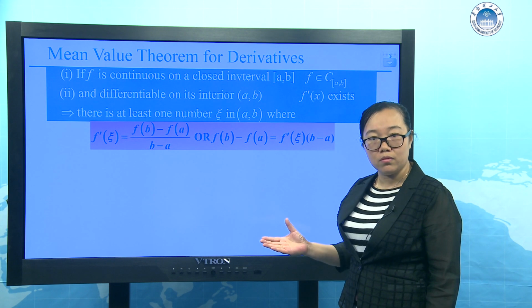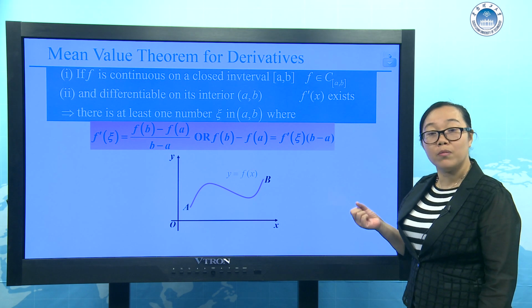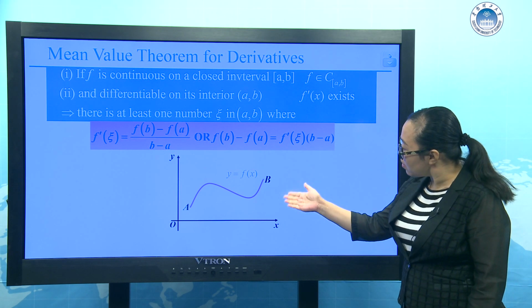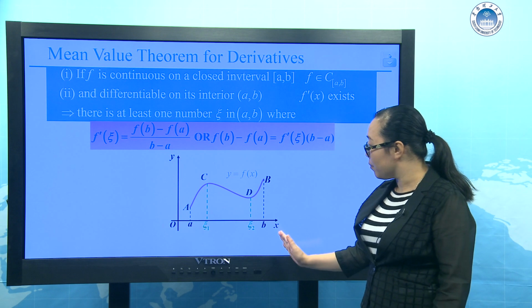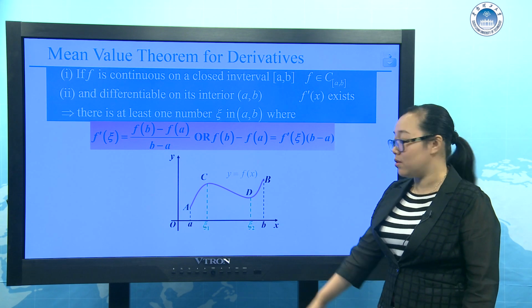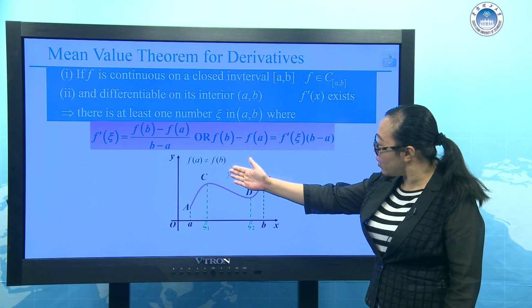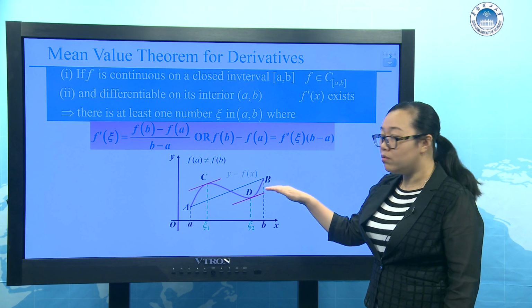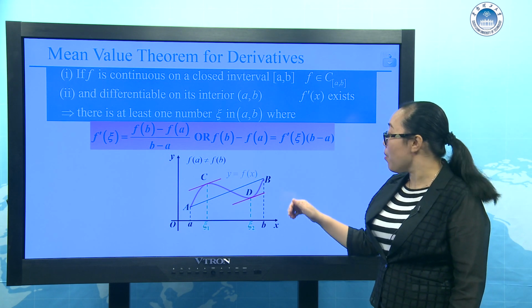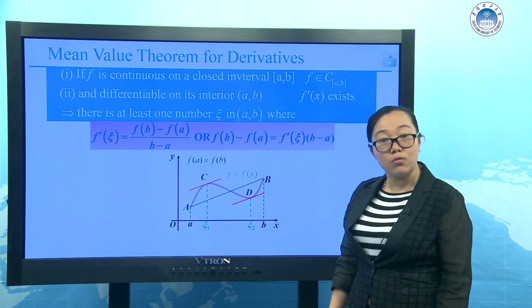How to prove it? From the figure we can find the theorem is true. Look at it. It is a curve, smooth enough. The two points, little a and little b. There exist two points, c1 and c2. If f(a) doesn't equal f(b), there exist two tangent lines parallel to the secant line through A and B. How to write it?